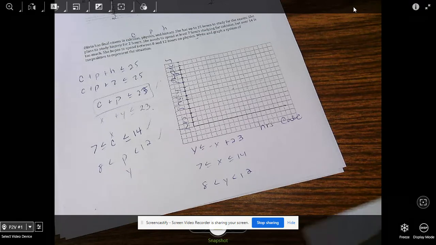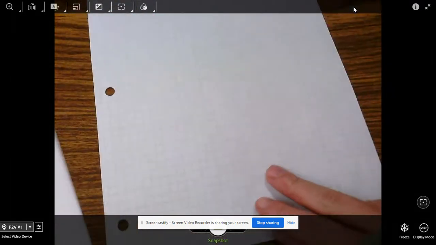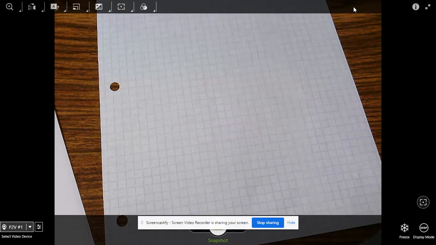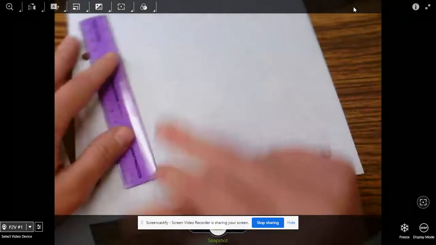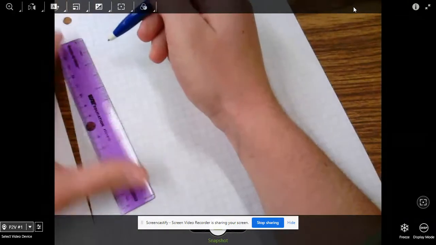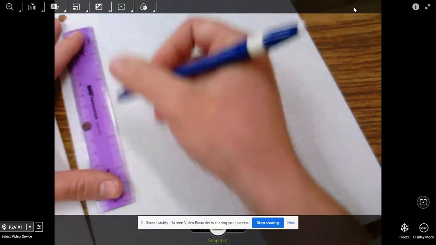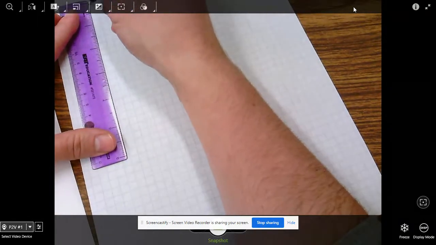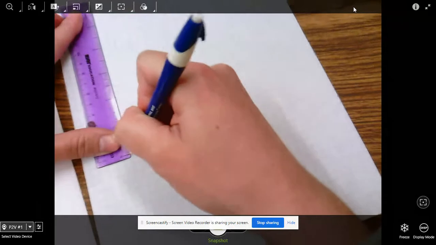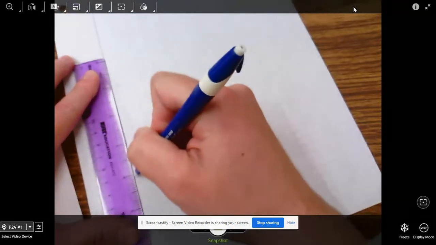And use a sheet of graph paper. If you don't have graph paper, you could always go online and just type coordinate planes in Google Images, and it could give you that. So let's go like this. Let's start here.